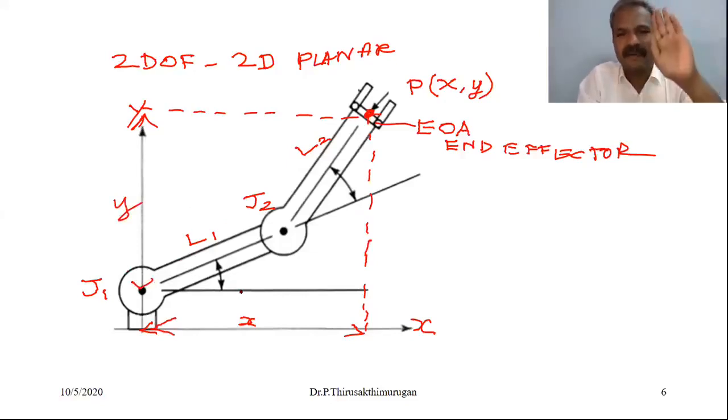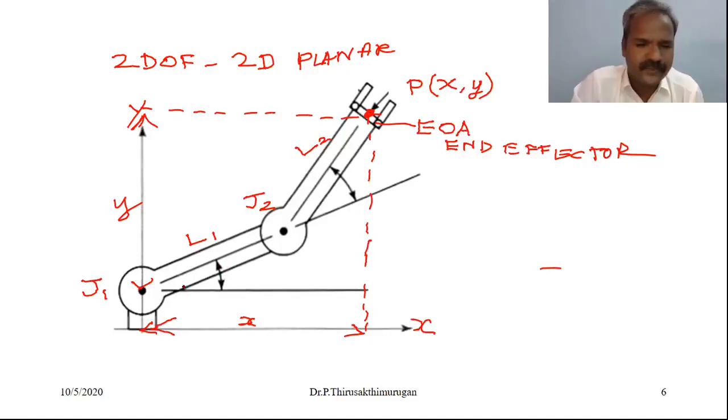This P is at a fixed position now. There is no rotation, there is no geometric movement, nothing happened. We are just analyzing the robo arm statically. The static position of the end effector P is x comma y. So it is in the two-dimensional frame.